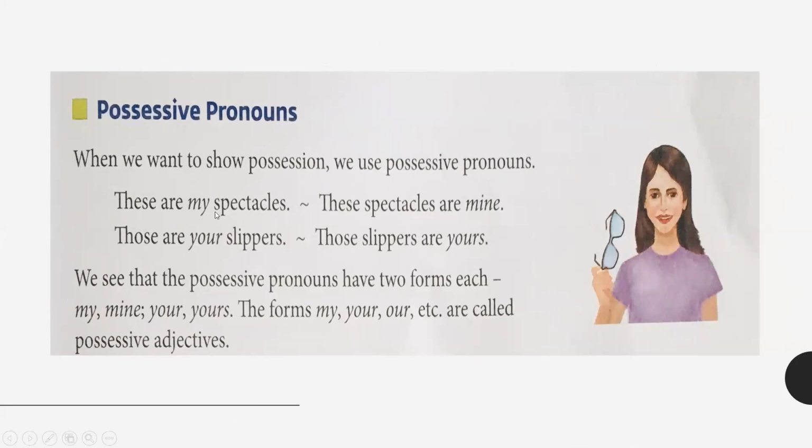These are my spectacles. These spectacles are mine. So here the word my and the pronoun mine tell that the spectacles belong to me. Those are your slippers and those slippers are yours. So again, you can see here that possessive pronouns have two forms. One form is my, mine, your, yours.